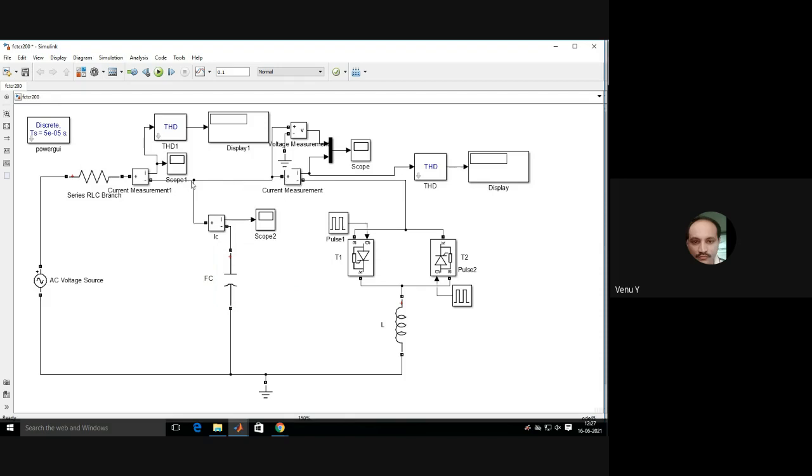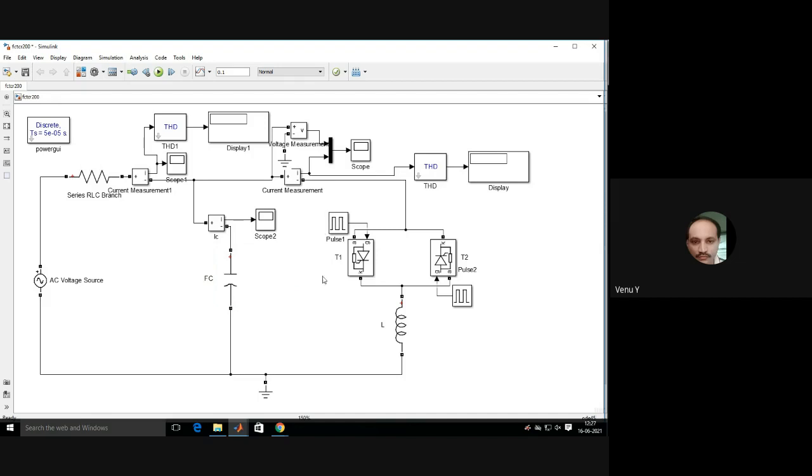In the TCR, we connect the current measurement unit, and across the unit you connect the voltage measurement. A mux is given, to which one signal is from current and one signal is from voltage, and the output of the mux is given to the scope. And to measure the THD content of the current, a THD block and display are used.